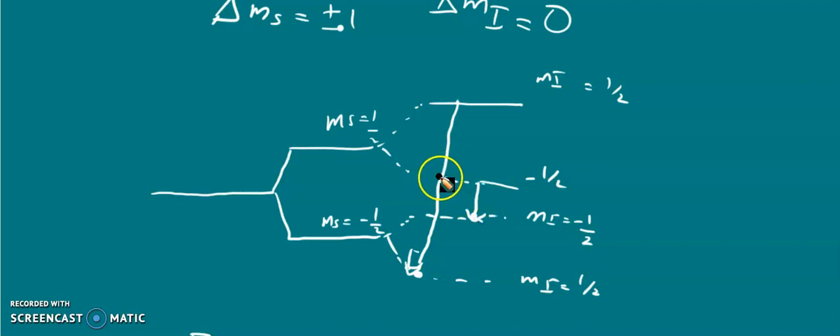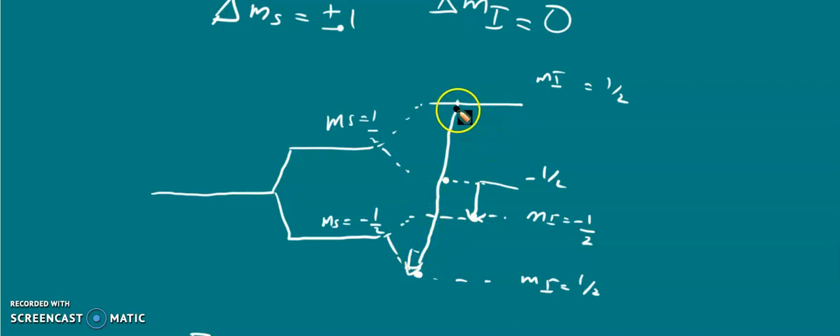So there are only two lines that correspond to the transition delta ms plus or minus 1 and delta mi equal to 0. So now we can see that this line has a lesser energy compared to this line. And we can find the energy of each line as the energy difference between the levels.